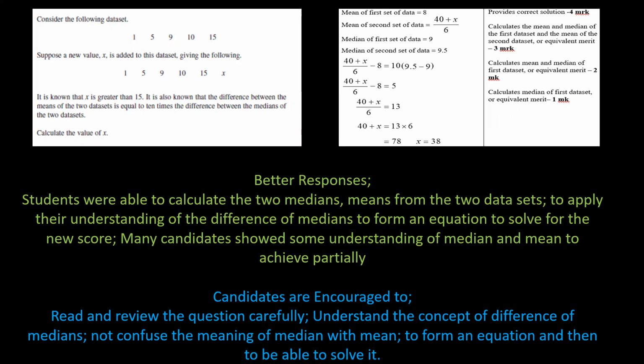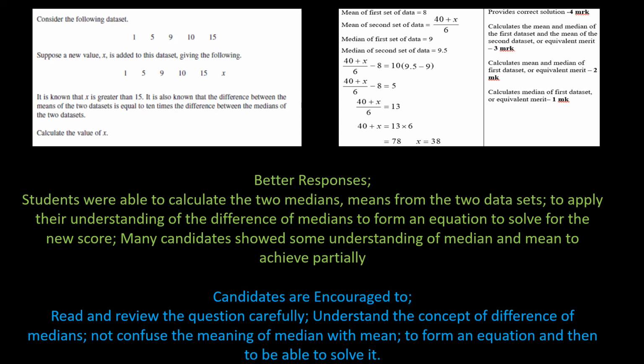This is a fairly wordy question, though you could argue the whole paper was, but kids need to break down and read the question, possibly highlight specific points that are important, and then reread the question again to make sure they fully comprehend things. So read and review the question carefully.